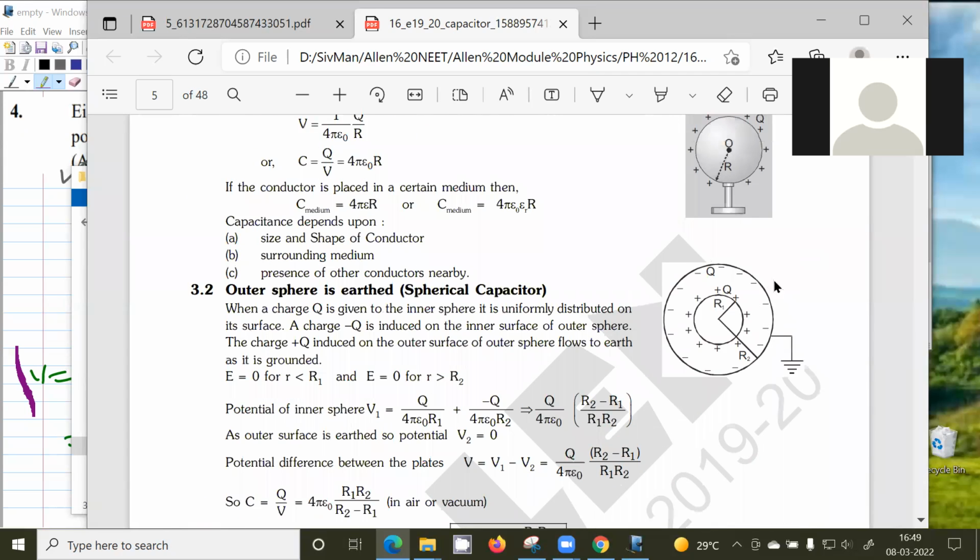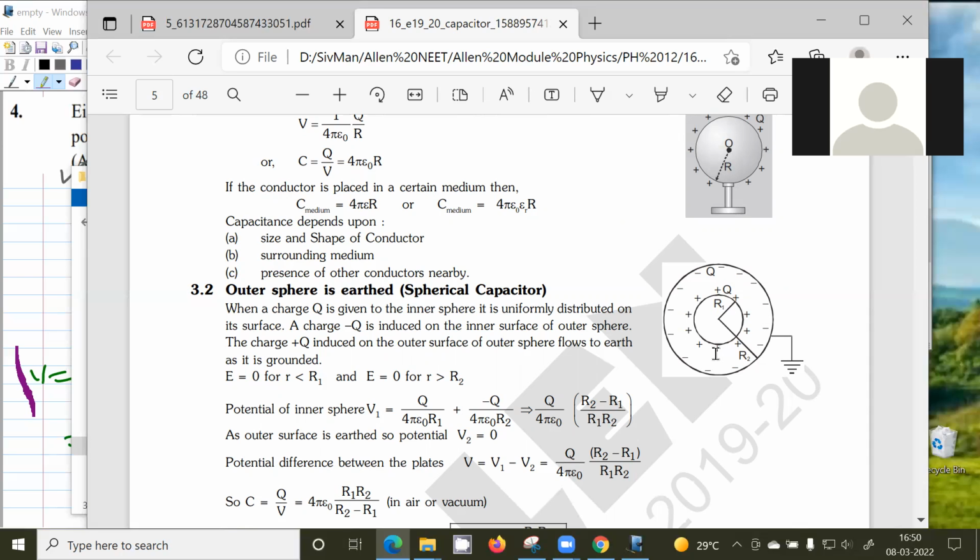For this one, all the electric field will be between these two only, because whatever electric field lines come out from plus Q will end on minus Q. Since the charge is the same, plus Q and minus Q, the electric field outside will be 0, and inside here also it will be 0. So the electric field is only between these two surfaces, and this electric field is a function of R by Gauss law.